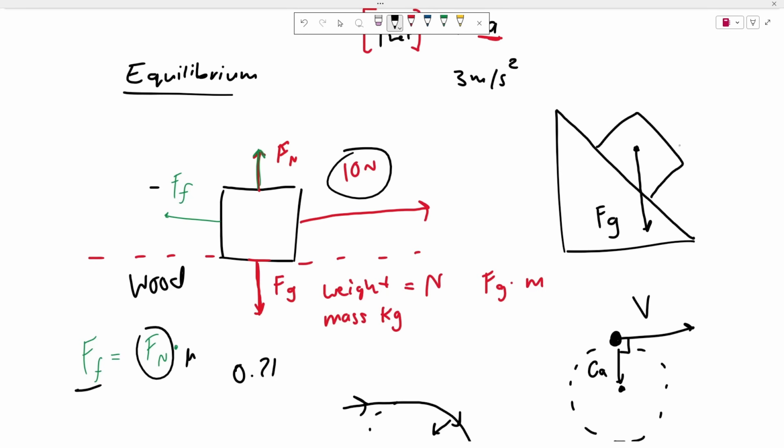Your normal force, your Fn, is going to be directly upwards, and your force of friction is always going to be behind the movement. So force of gravity is always downwards, the force of friction is always behind, and the normal force is always perpendicular to that. And if it's being accelerated downwards, the force at which it's being accelerated is going down here like so.